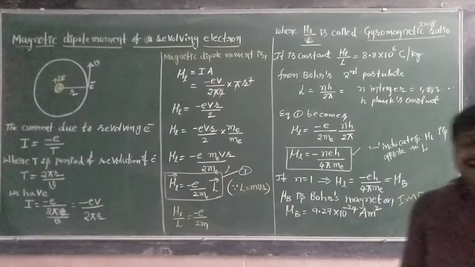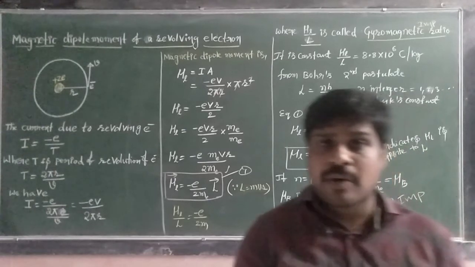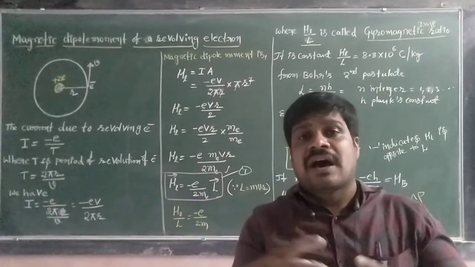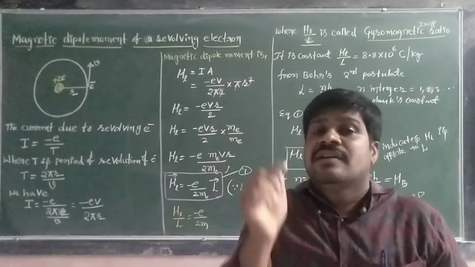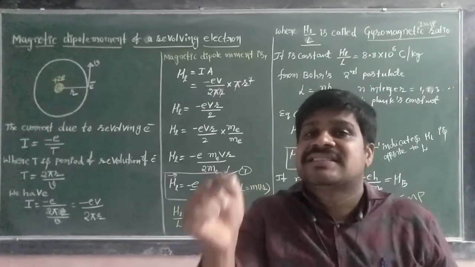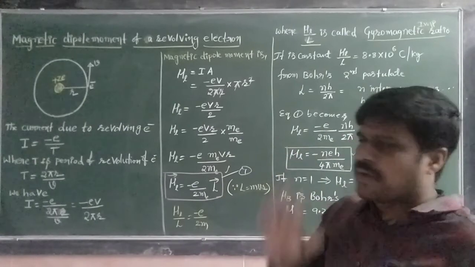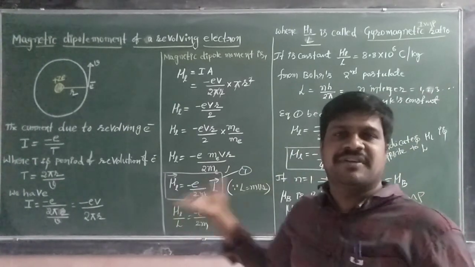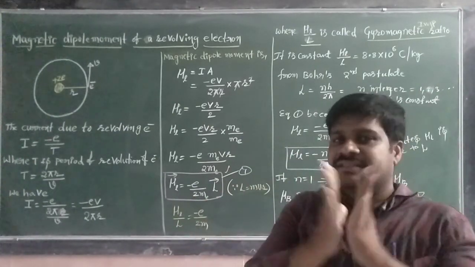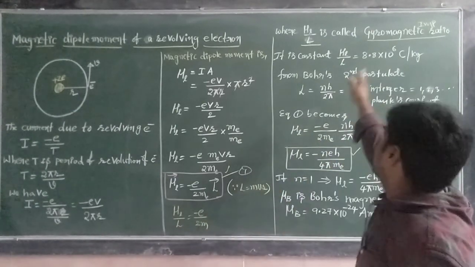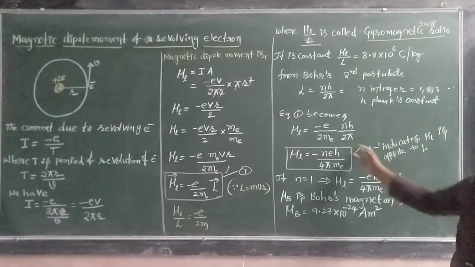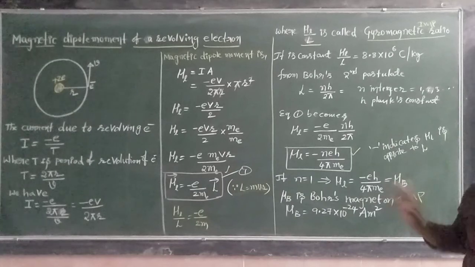That means the angular momentum and magnetic dipole moment of the electron are opposite to each other when the electron is revolving in a circular path. Simple concept: formulas and definitions are important, derivation is not that important. This formula and concept are important.